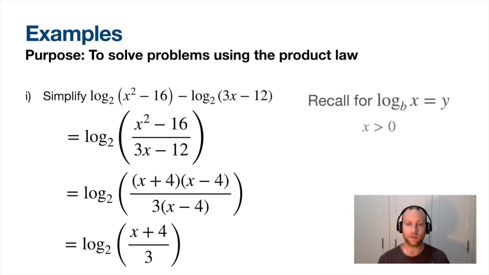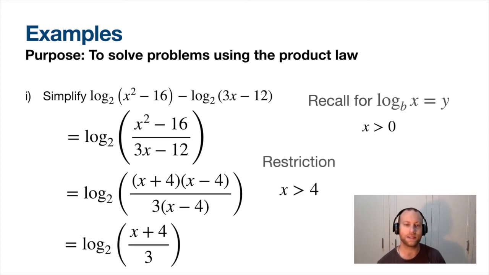If you remember, for logs, there's a rule. x has to be greater than 0. There's also a rule for the bases, but we have nothing with the base that we need to deal with here. So I need x to be greater than 0. So looking at my two original equations, I'm going to get a restriction that x needs to be greater than 4. Because if you look in my factored version, if I had an x value that was less than 4, I'm going to get a negative number in one of the logs, and this won't work, or a 0.